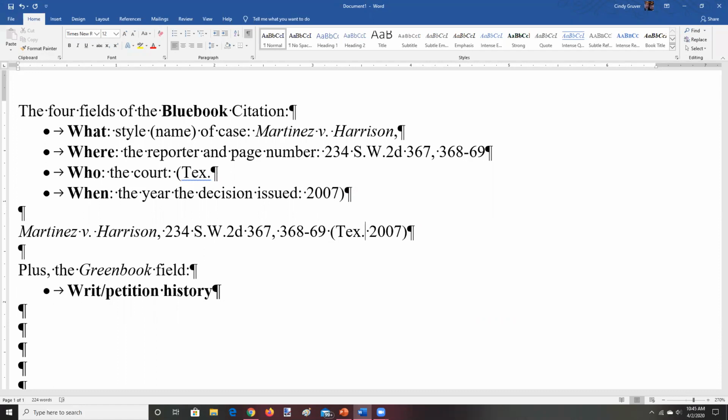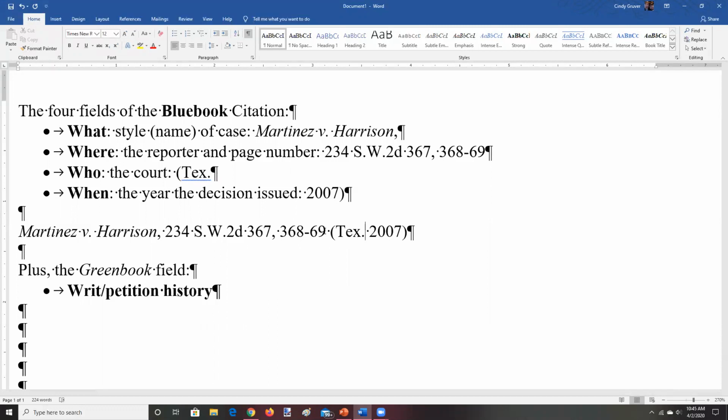Prior to that, we had a whole different system of postal abbreviations, and this was Texas's postal abbreviation back in the day. Nowadays, of course, it's TX, but if you happen to remember the old postal abbreviations, they usually track with what we're going to do from the perspective of Bluebook. Of course, you don't have to remember those, and I only remember them for a few states, so you would want to look up the state abbreviations to find it.